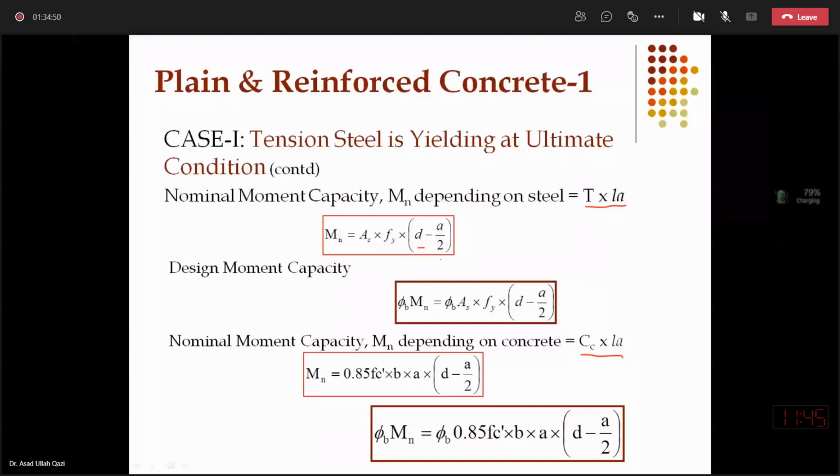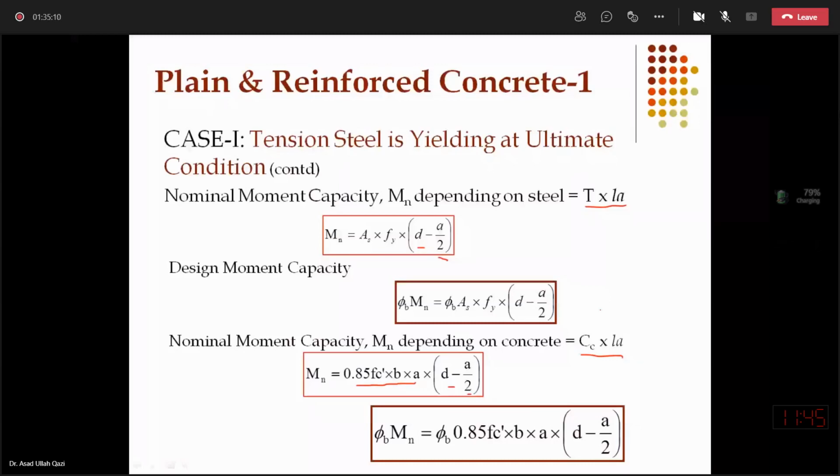And in terms of C, it is 0.85 f'c a b into lever arm (d minus a by 2). So in both cases, I can get nominal capacities.